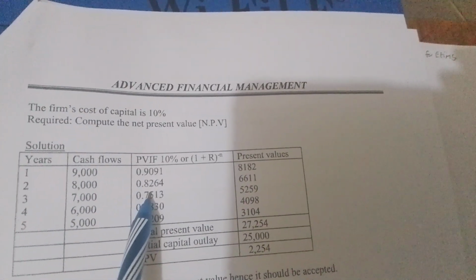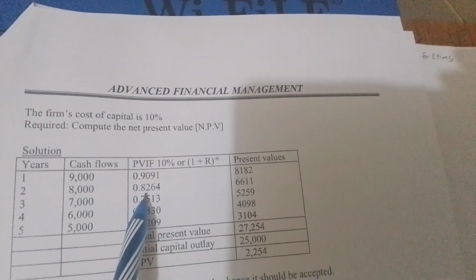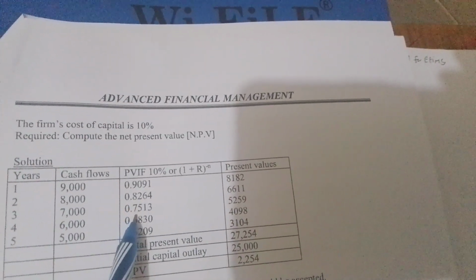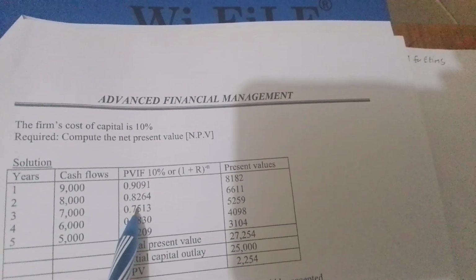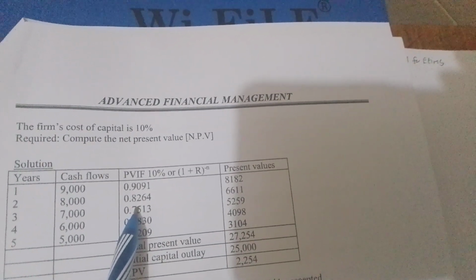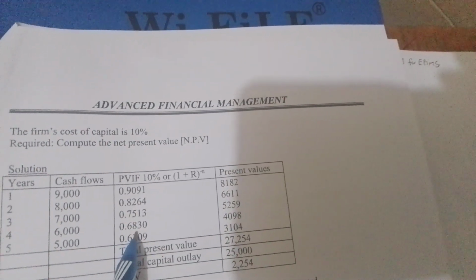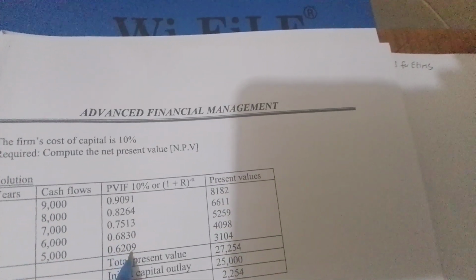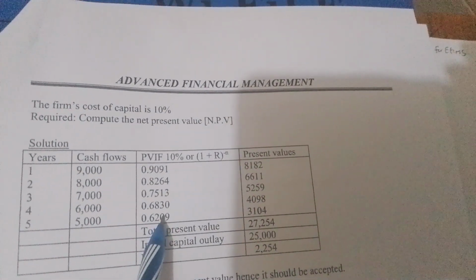Remember, negative. It's not just n. It should be negative because we are dealing with present values. Fourth year, 1 plus 0.1 raised to negative 4. Then year 5, 1 plus 0.1 raised to negative 5. You get 0.62.